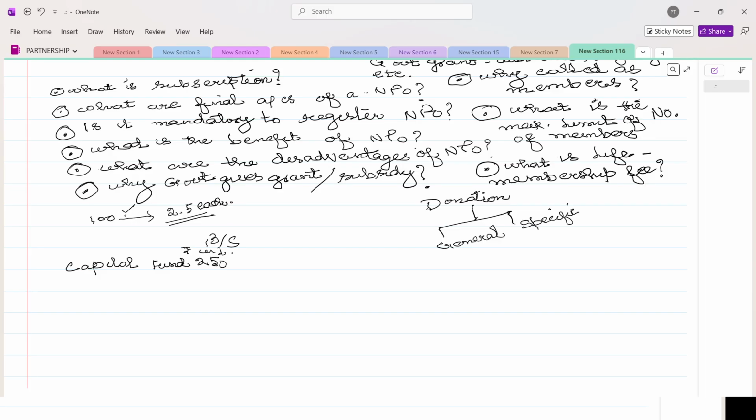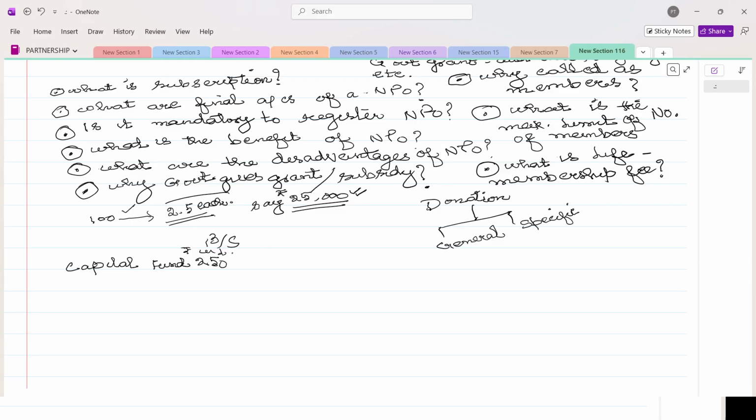We have conceived this idea, and all the members agreed to pay every year a certain sum of money, say 25,000 each. It will be paid quarterly, half yearly or yearly, whatever is our decision. So this is called a subscription.